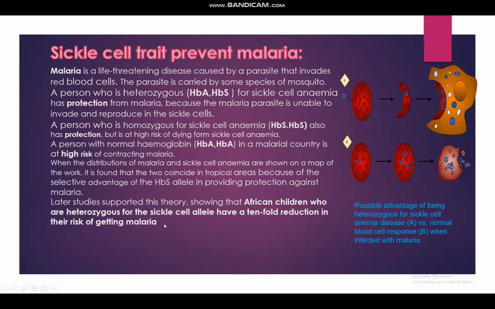So it means that the ones being protected are those with the heterozygous form of the trait, not the homozygous, and malaria does affect persons with normal hemoglobin.